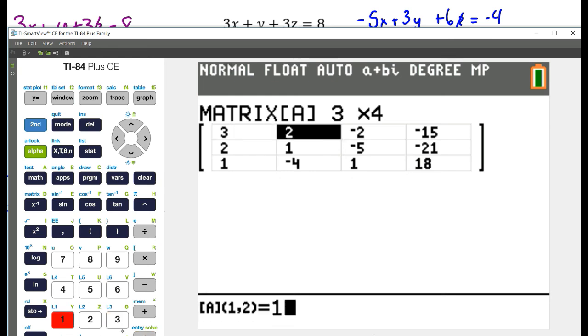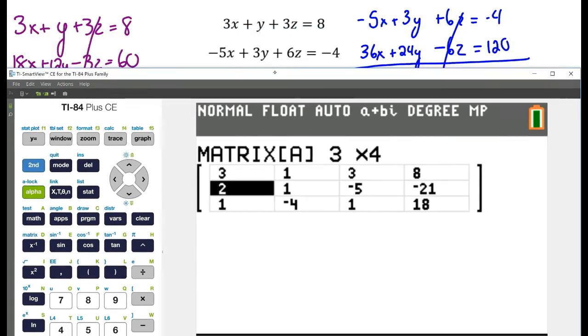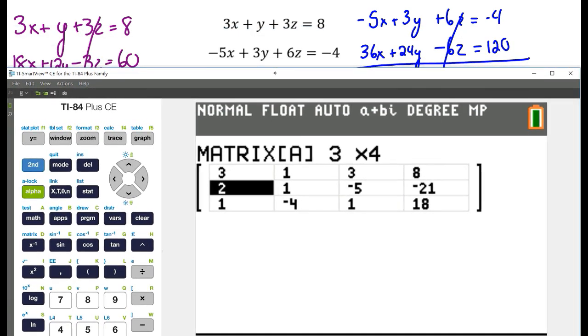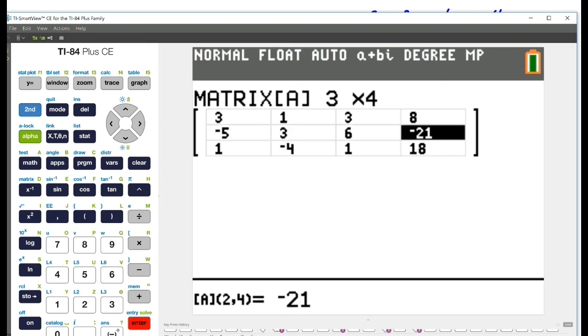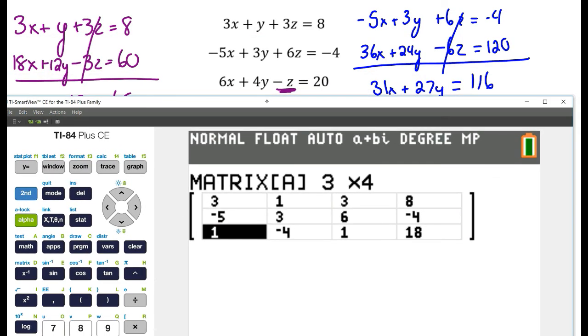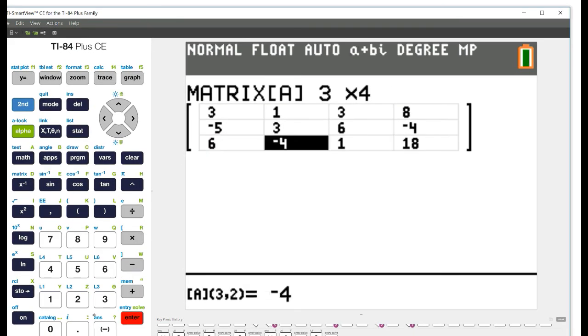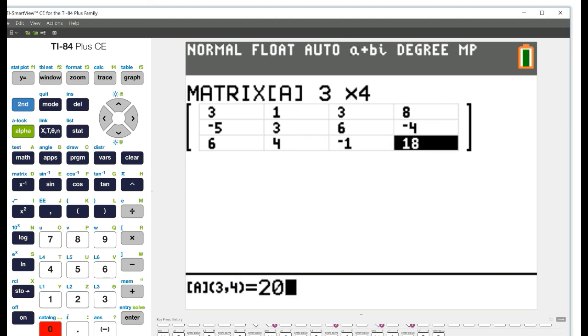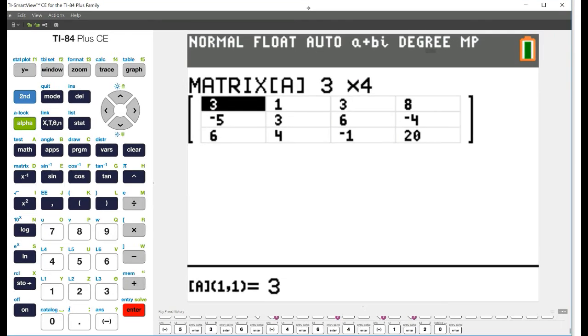The next row, negative 5, 3, 6, negative 4. And the final row, 6, 4, negative 1, 20. So matrix A now represents the coefficients that I see in my system of equations.